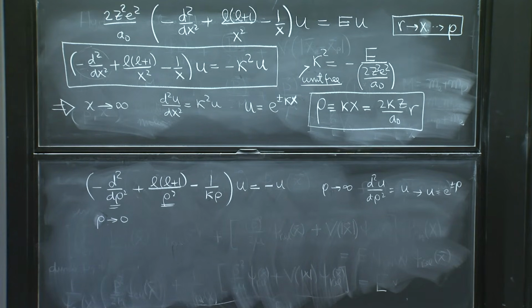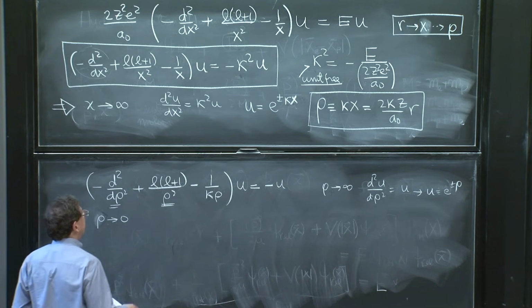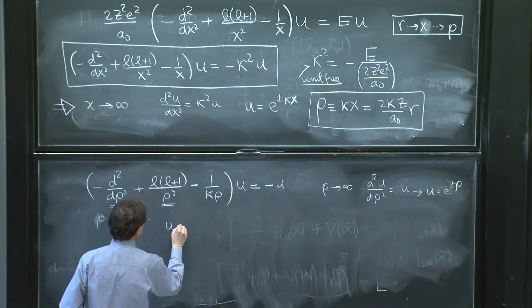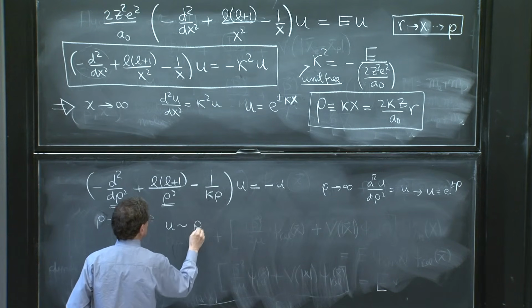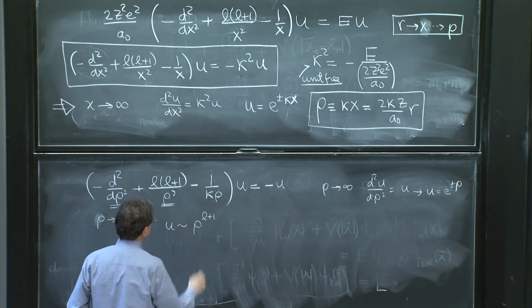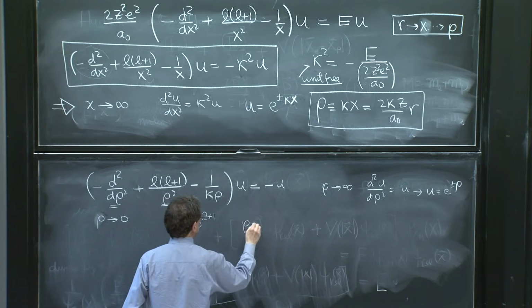And we actually did it last time. We analyzed what was going on with this equation near rho equal to 0, and we found out that u must behave like rho to the L plus 1 for rho going to 0.